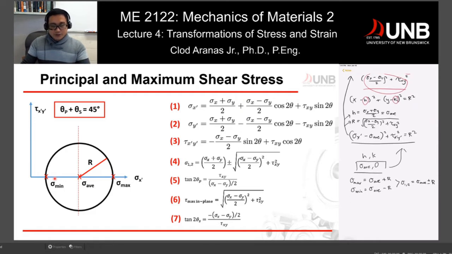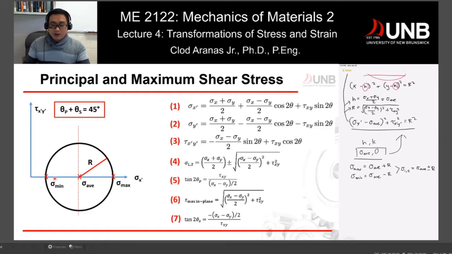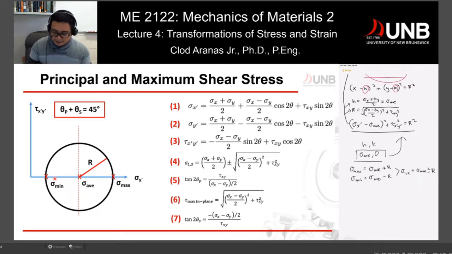So that would be the equation for principal stresses. Sigma 1 and 2 is equal to the average, sigma x plus sigma y over 2, plus and minus. Plus would be for maximum, minus would be for minimum.